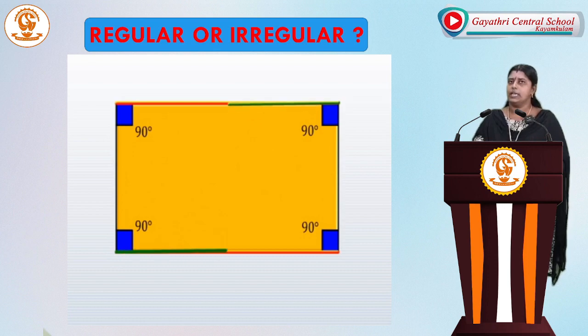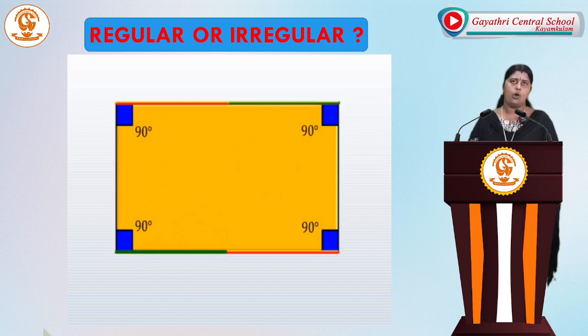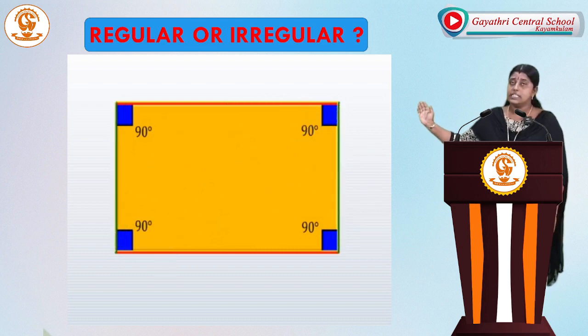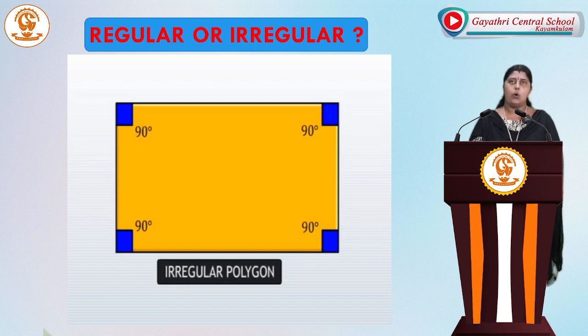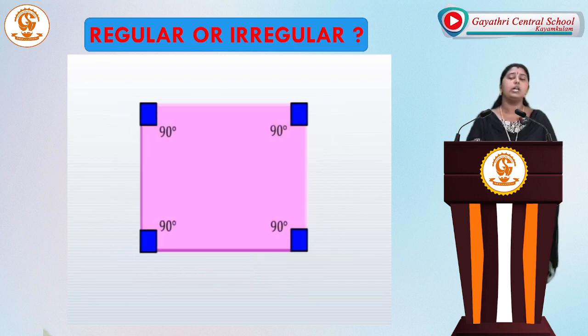Yes, not equal. We can see the sides are different. Opposite sides are equal, but we cannot say all sides are equal. So it is not an equilateral figure. Is it a regular polygon? Ma'am, it's irregular. No, it is not a regular polygon. It is an irregular polygon.